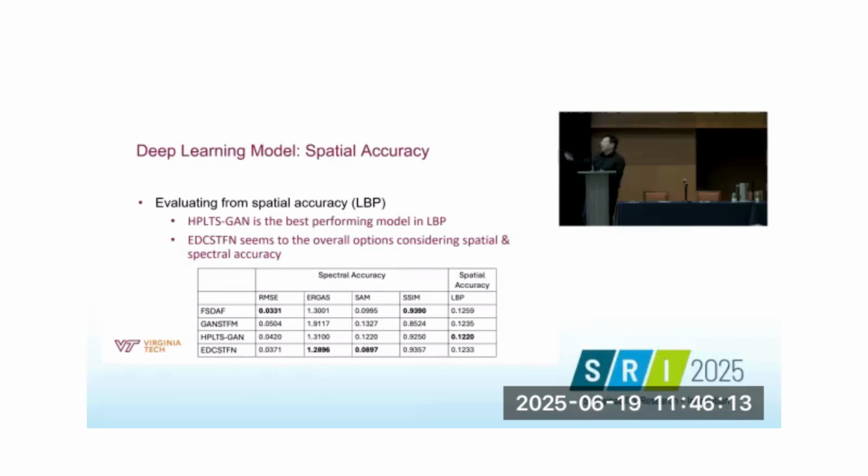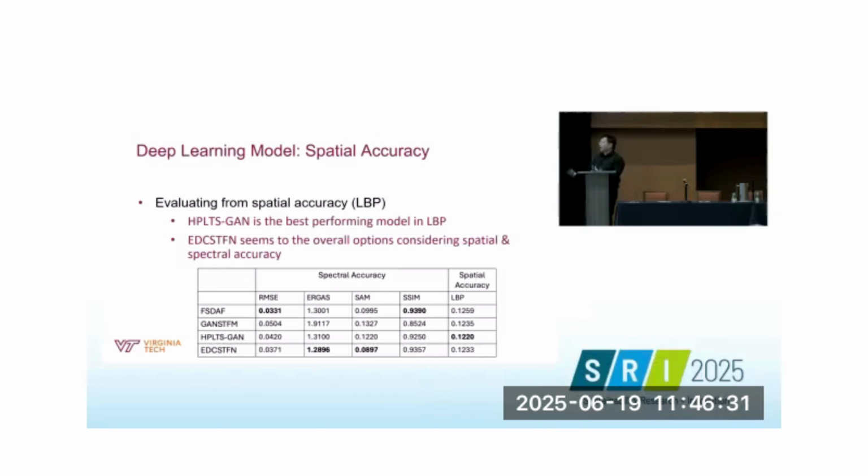So there is going to be a bigger problem. But if we look at this overall, we find the EDC-STFM seems to be the best overall option considering both the spatial accuracy and the spectral accuracy.